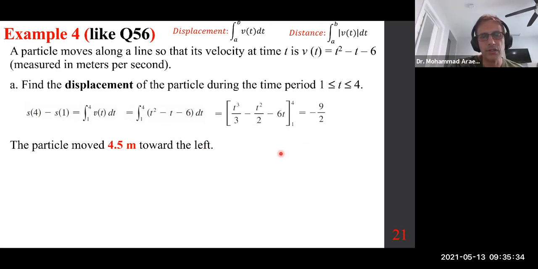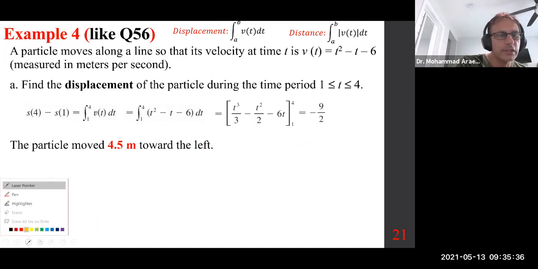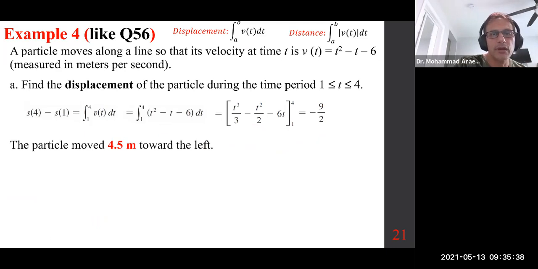The final answer is, so let me actually draw that. If, for example, we start from point A, and we go like that, and this is the final destination, let's say. The concept is that this is the displacement from here.